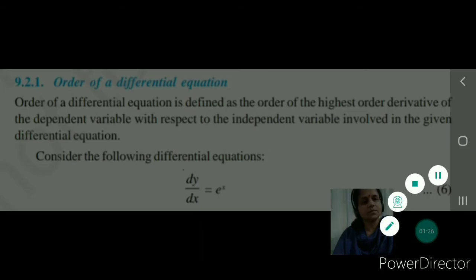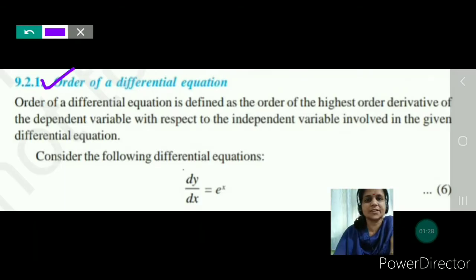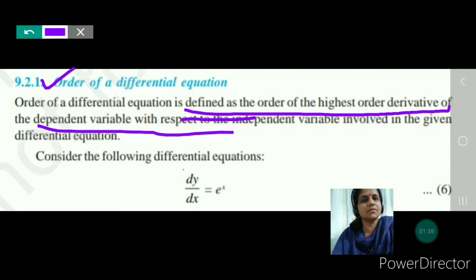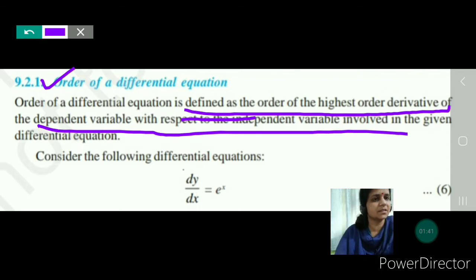Now, order of a differential equation. The order of a differential equation is defined as the order of the highest order derivative of the dependent variable with respect to independent variable involved in a given differential equation. It means how many times we are getting the derivative of a dependent variable with respect to independent variable.